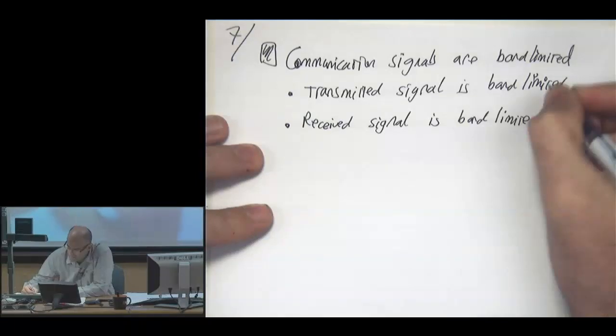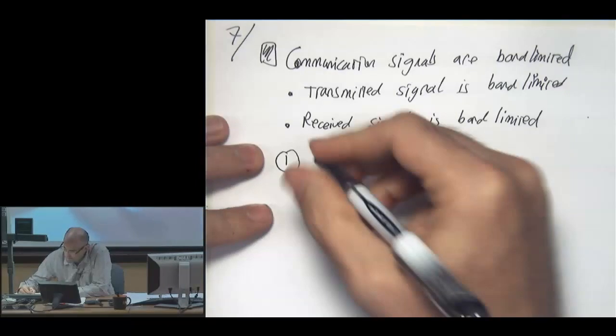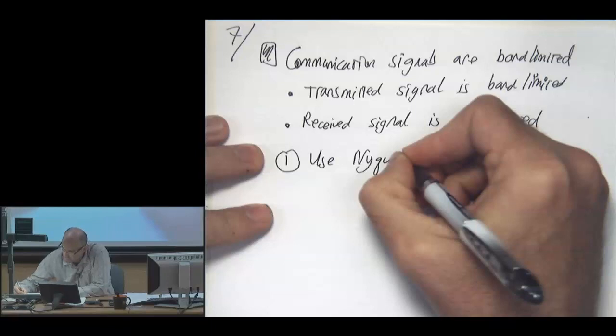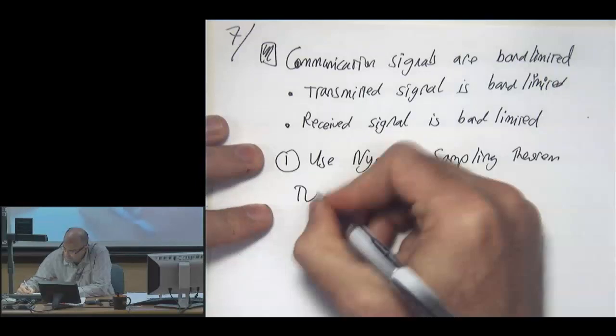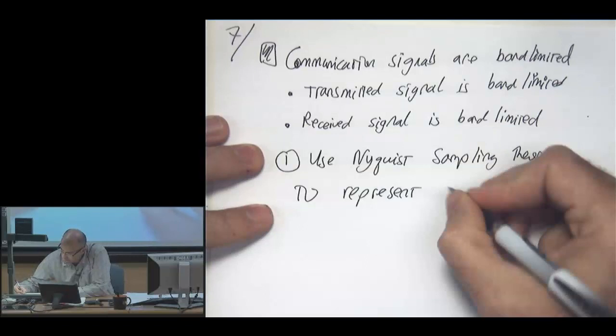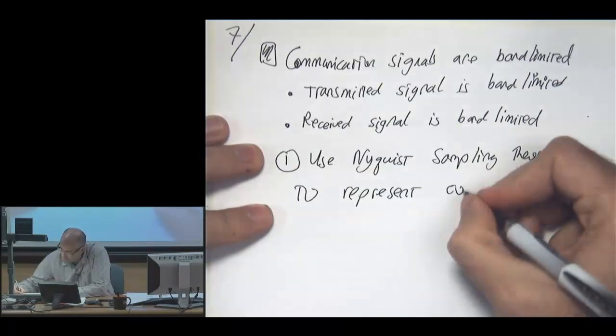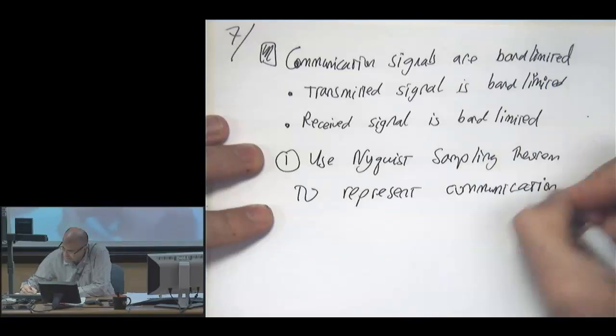And the implications of this observation is that, one, we're going to use Nyquist's sampling theorem, which we're going to go over next, to represent band-limited continuous time signals in discrete time. So we're going to represent communication signals in discrete time.